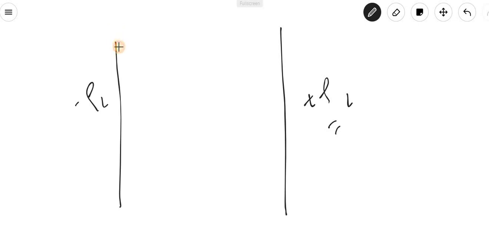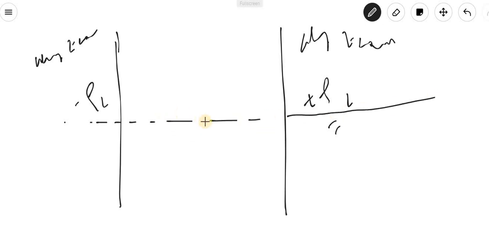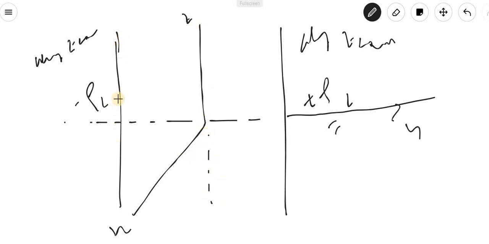These are the long charges, each distributed along the z-axis. Now suppose somewhere here we consider the origin, with the x-axis, the y-axis, and the z-axis. Along the z-axis we have rho L.